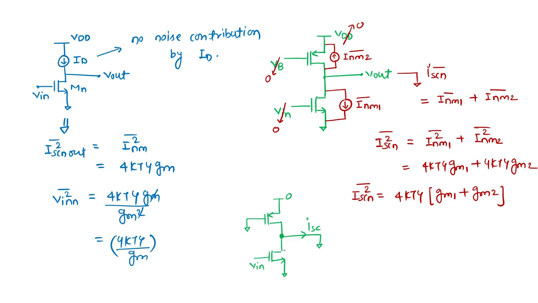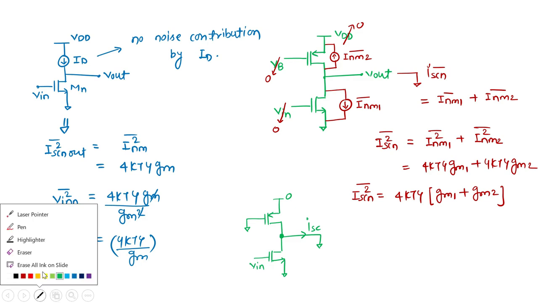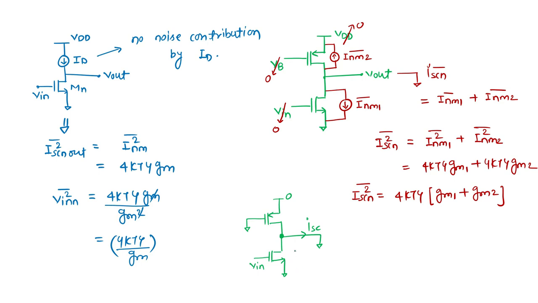So what is the current generated here? For the lower device, M1, the only current element is the gm component, because we have the gate source voltage but no other voltage source here. So this is gm1 V. Is there any gds component? No, because the drain is also zero and the source is also zero.